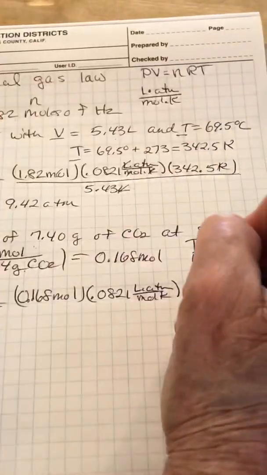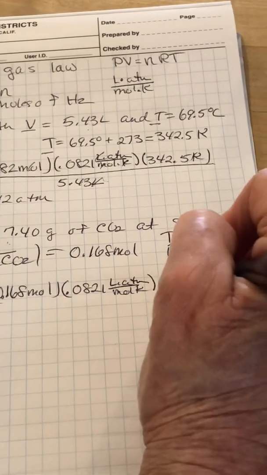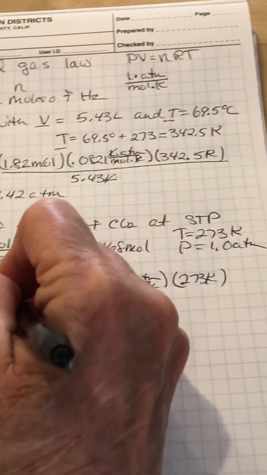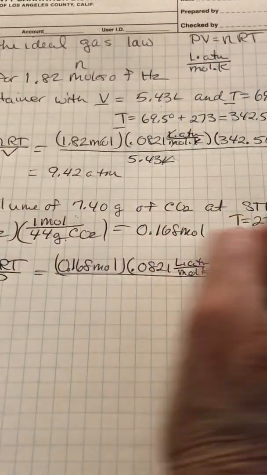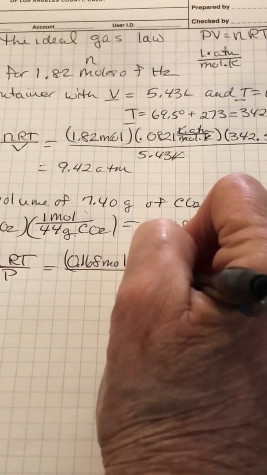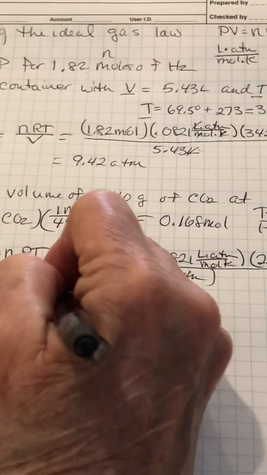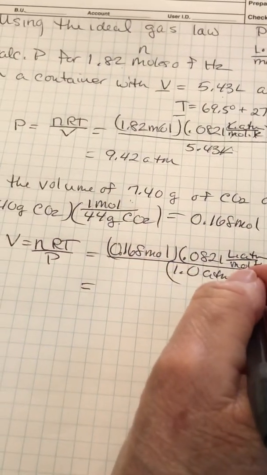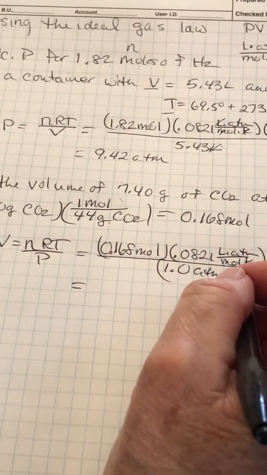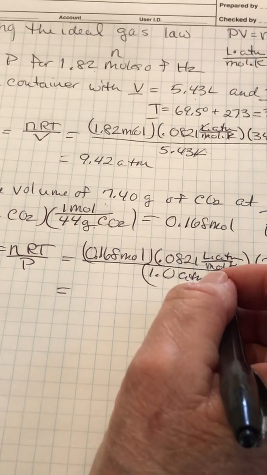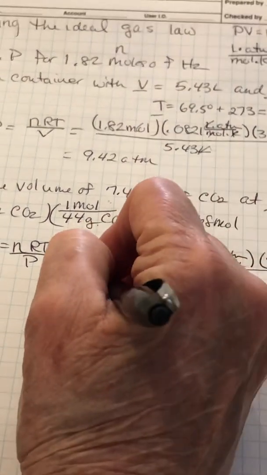Temperature, STP, 273 Kelvin. And the pressure is 1 atmosphere, which is nice because while the units will cancel, I don't have to divide anything, because I'm dividing by 1. And if I did it properly, I think I have 3.77 liters.